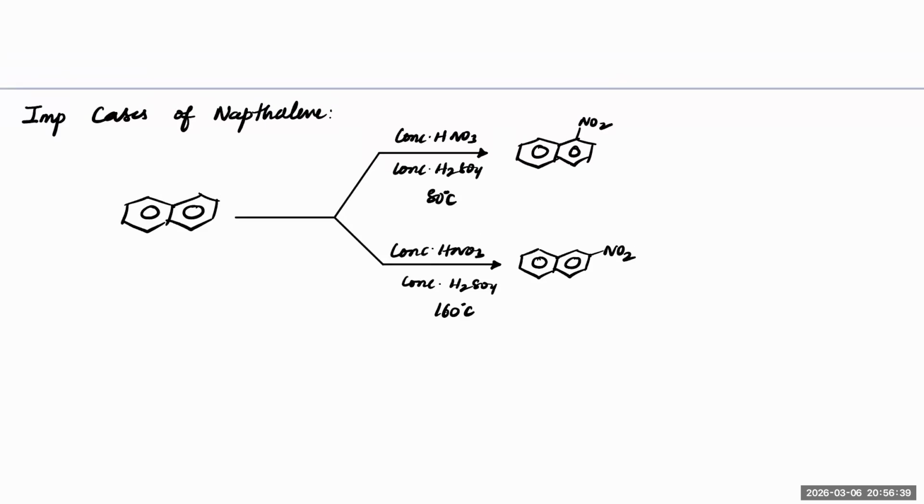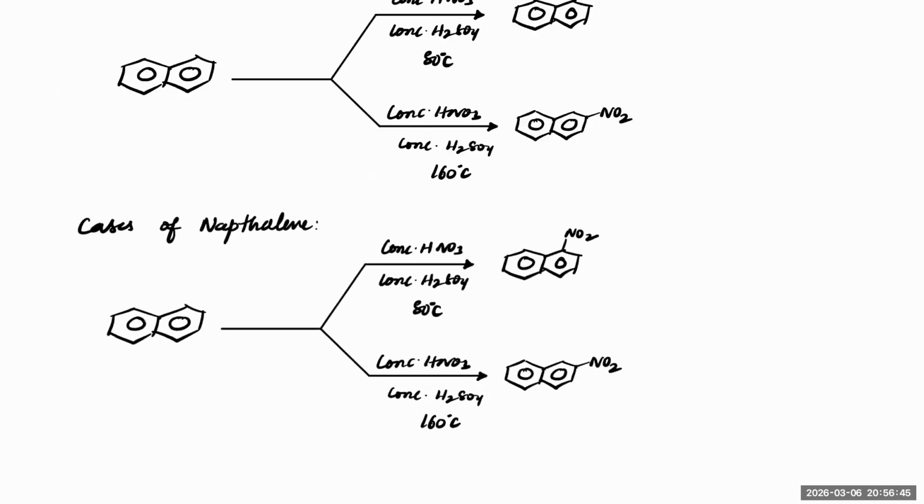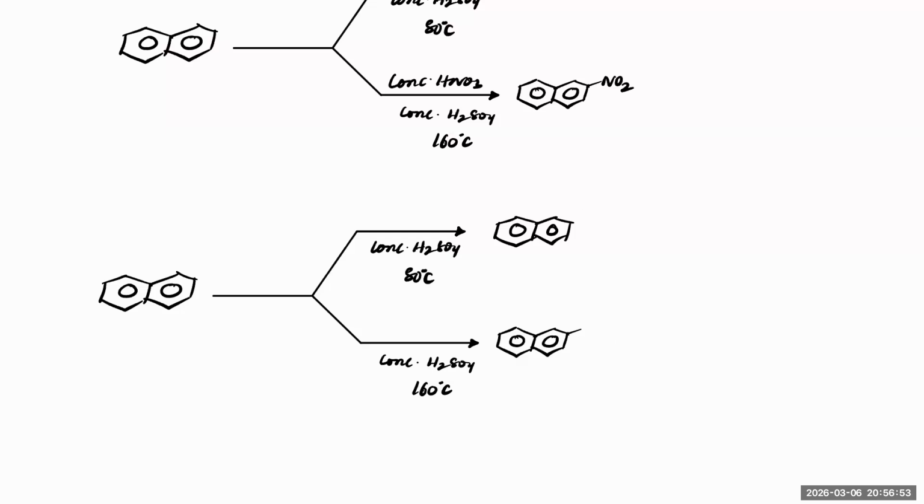Now the same logic applies in the case of sulfonation. So if I take sulfonation, just remove this part, that's it. Now it will go for the sulfonation part. If you do the sulfonation part also, you'll get SO3H here and SO3H here.